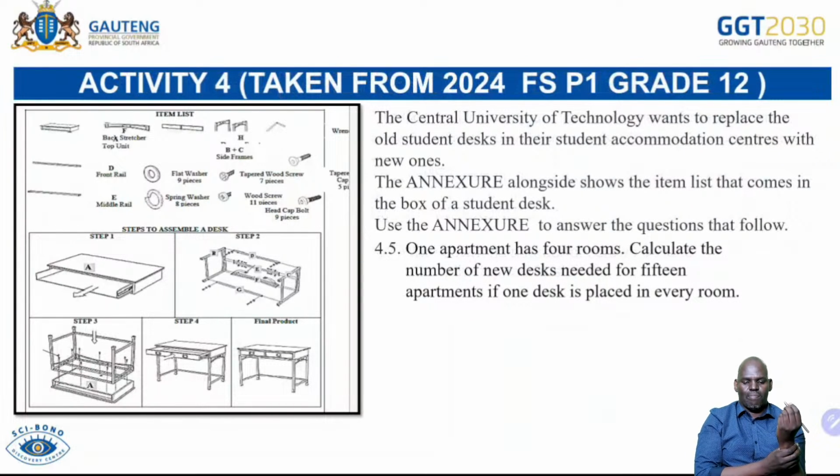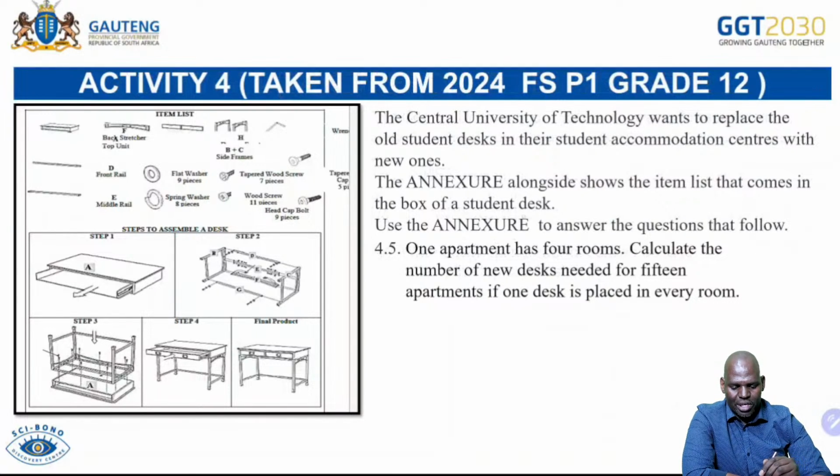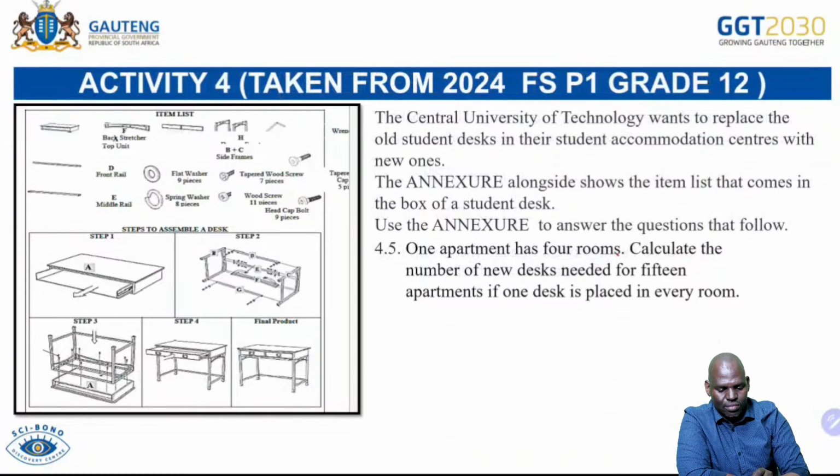Okay, then number 4.5. One apartment has 4 rooms. Calculate the number of new desks needed for 15 apartments if one desk is placed in every room.